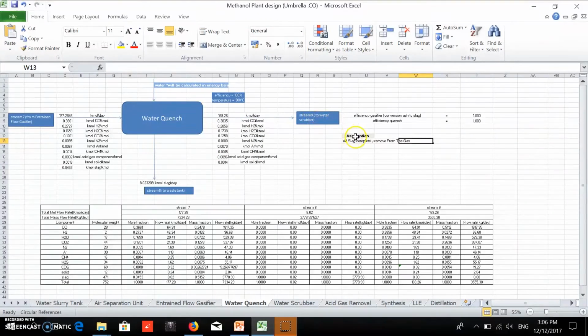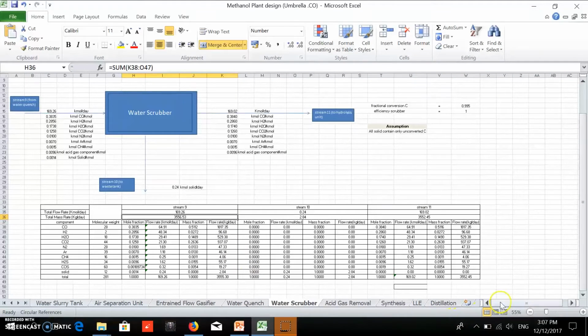The assumption we make is that all slag is completely removed from the gas, which means the quench efficiency is equal to 1. The water stream is supposed to reduce the temperature from the initial syngas temperature of 1400 degrees Celsius to 300 degrees Celsius, which will be calculated in the energy balance.